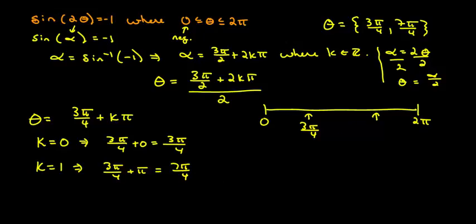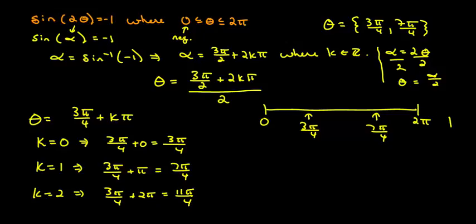And that falls in there. But notice if I go one more k value to 2, I'd have 3 pi over 4 plus 2 pi. And that'll give me 11 pi over 4.